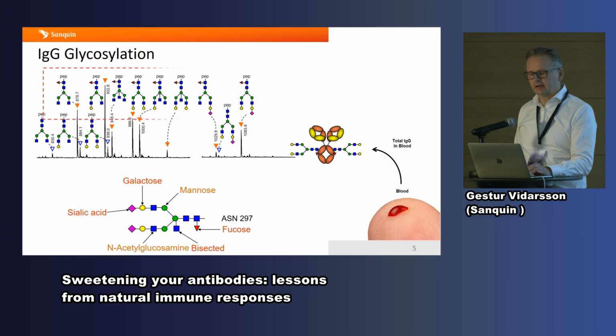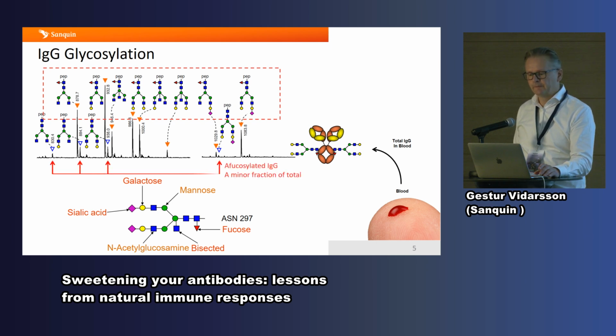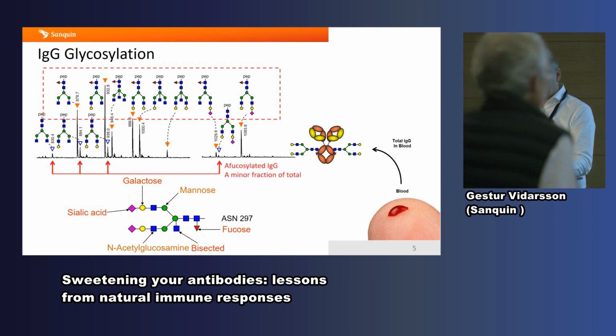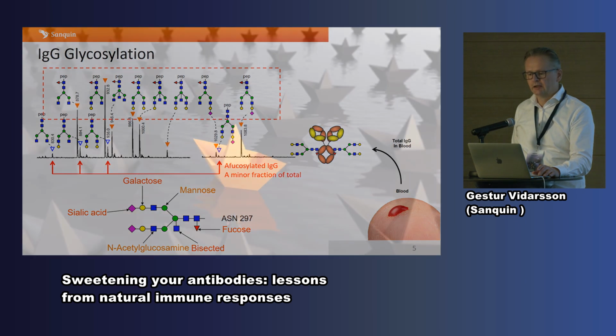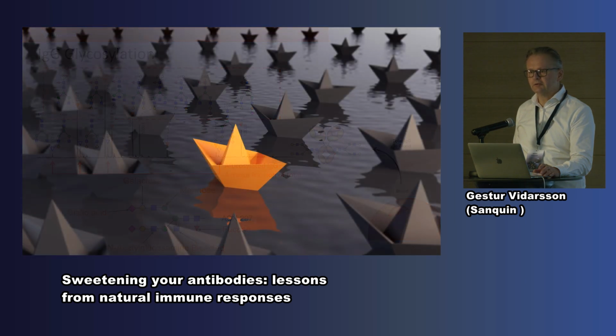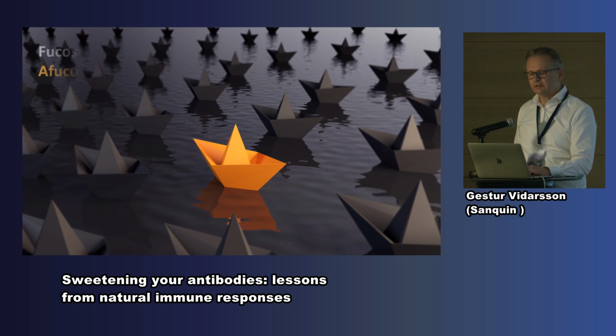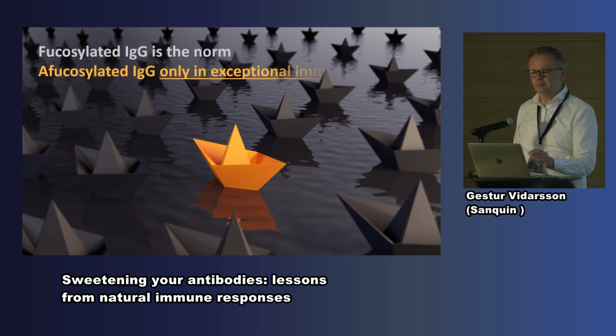But what I'm going to really focus on in the first part, really quickly, is the difference in IgG glycosylation, although being really variable. Most of the antibodies are fucosylated, and only a minor fraction is afucosylated. But I'm really going to stress that although this is the case, and you would think this is not really important in human biology, when you zoom into really specific immune responses, the different boats here are different specific immune responses.